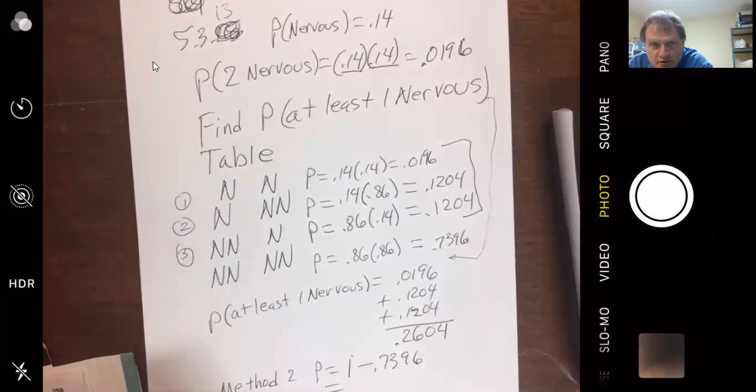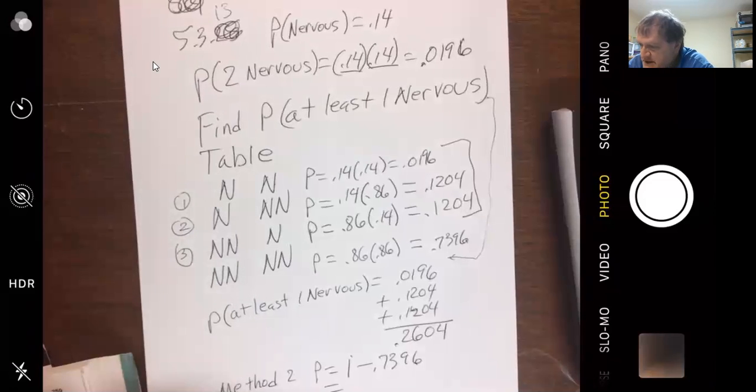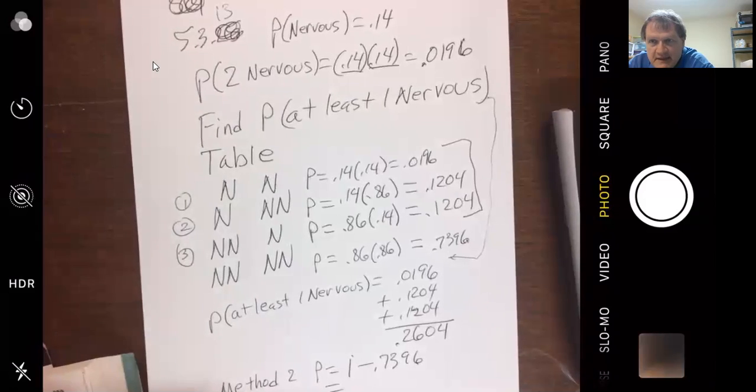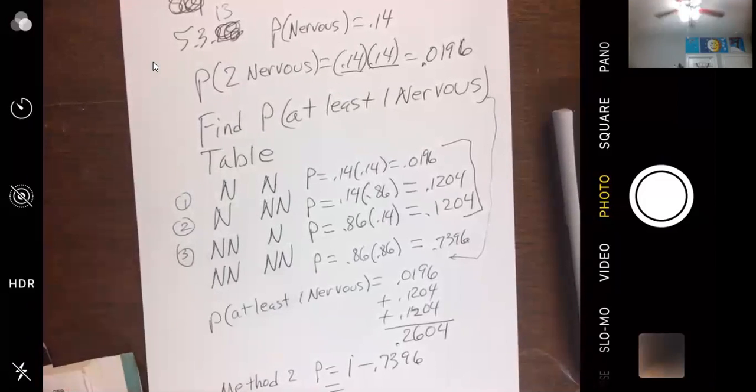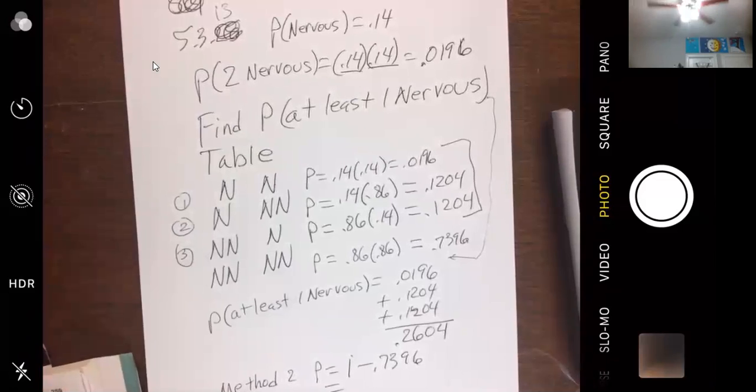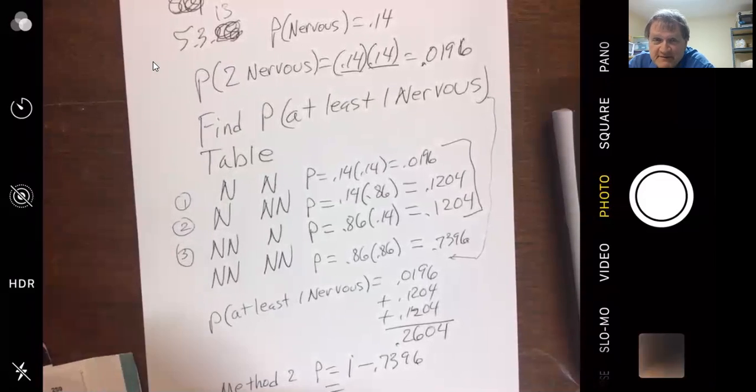Look for the next quiz tomorrow over just 6-1 here. Chapter 7 is going to be a little long and tough next week. What's the topic, Professor? Continuous distributions. And they're done completely different.